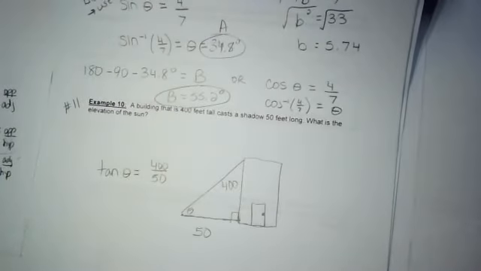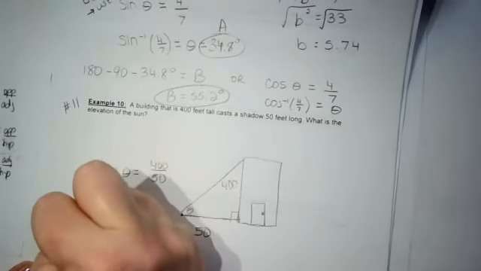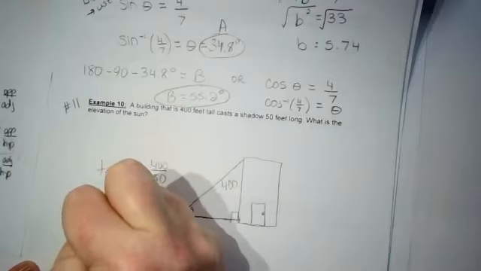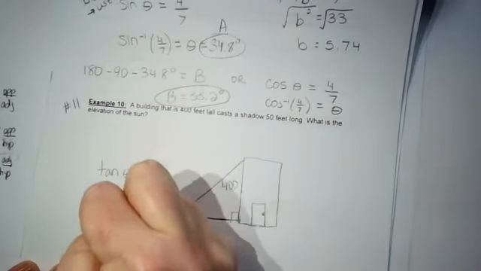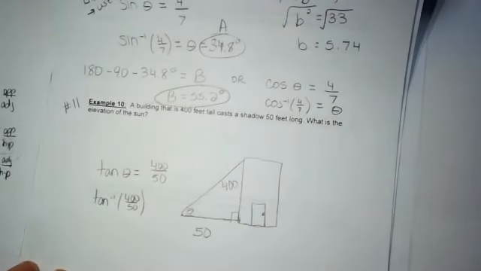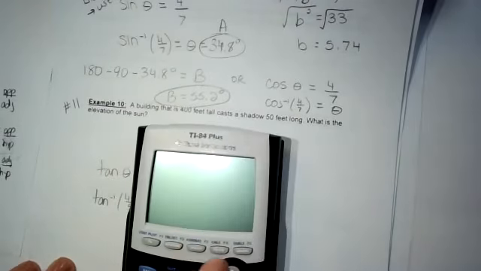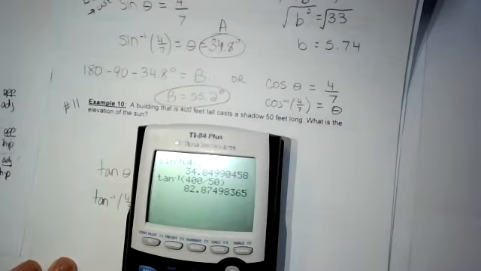And remember the trick. If we don't know theta, how are we going to put it in our calculator? The inverse. That's another thing students really struggle with. If you don't know the angle, you have to put it in as inverse. Okay, so we're going to have second tan, 400 divided by 50, and then we round. 82.9 degrees is our theta.